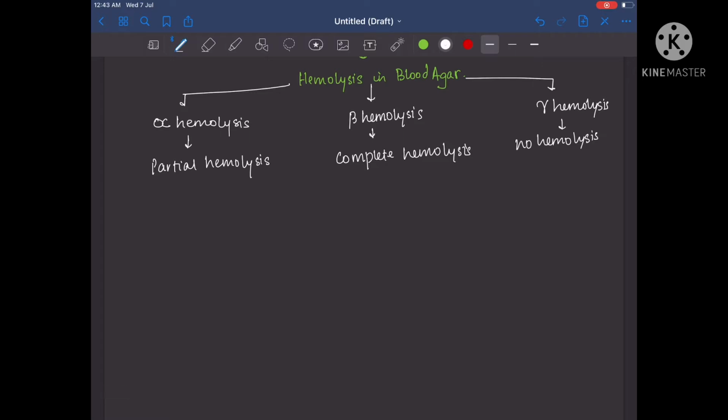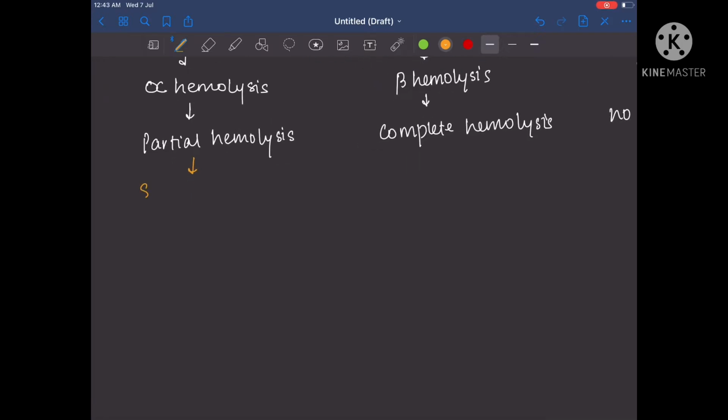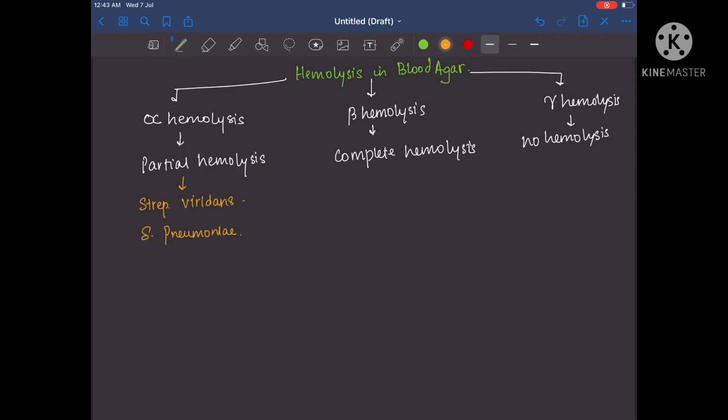Coming to the alpha hemolysis, that is the partial hemolysis, we have two bacteria that follow this partial hemolysis. The first being Streptococcus viridans, and the other one is Streptococcus pneumoniae. Now coming to the beta hemolysis part, in which there is complete hemolysis, we further categorize these on the basis of the carbohydrates in the cell wall, and it's also called the Lancefield classification.